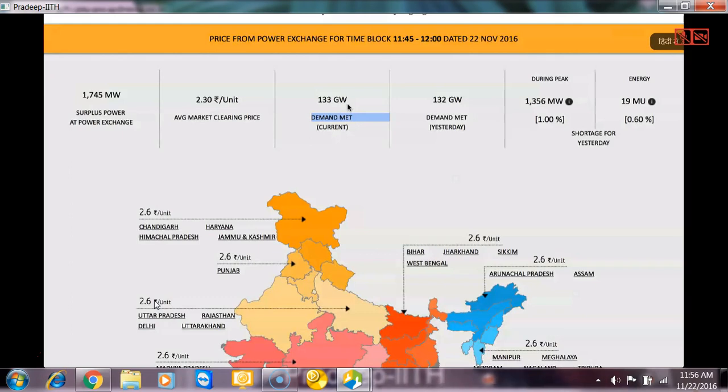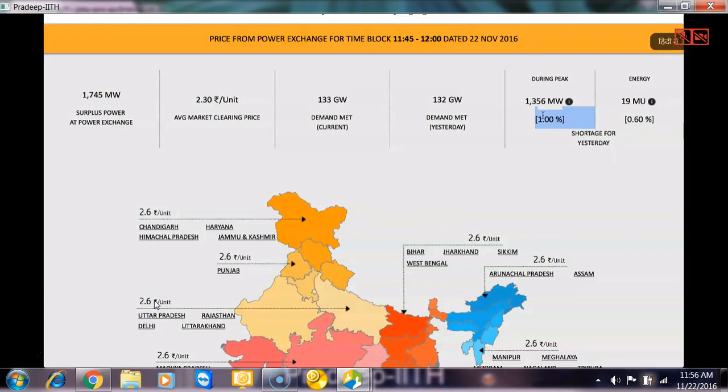Right now, 133 gigawatts. At the same time yesterday it was 132, so almost equal. And shortage. The last part is shortage for yesterday. So yesterday, during peak, 1.356 megawatts or 1.3 gigawatts of power was shortage, which is about 1% shortage.